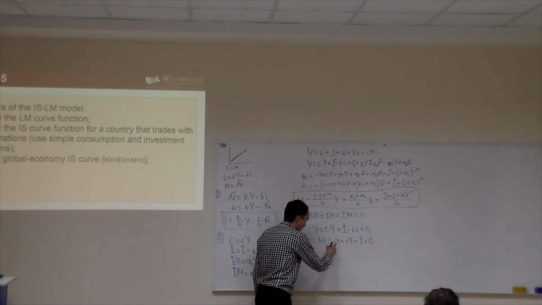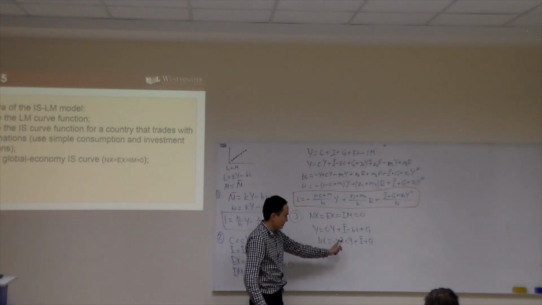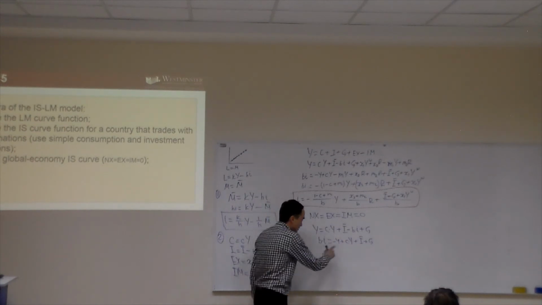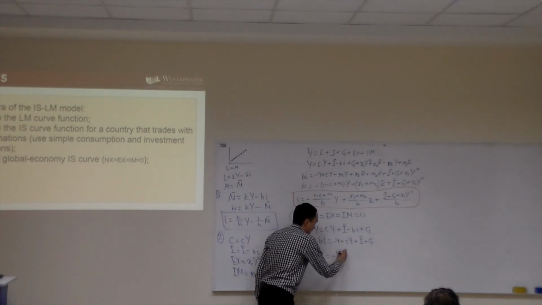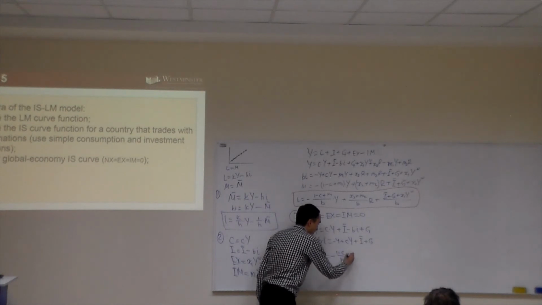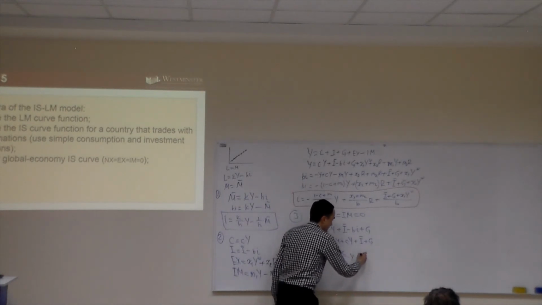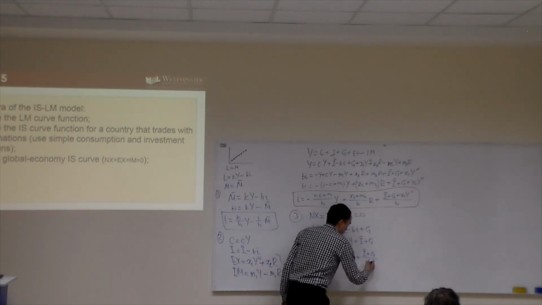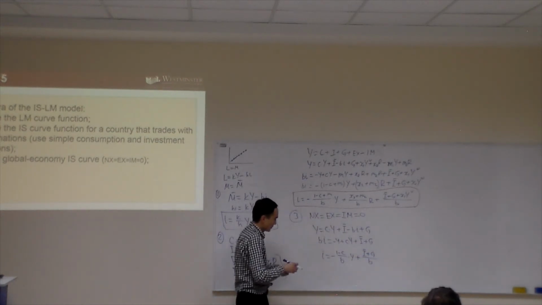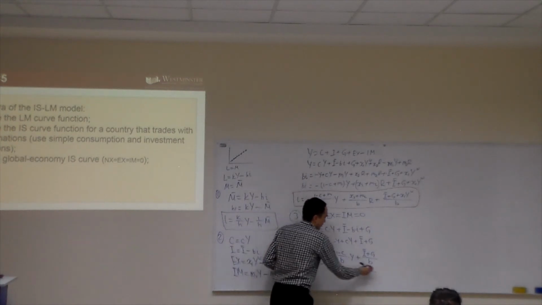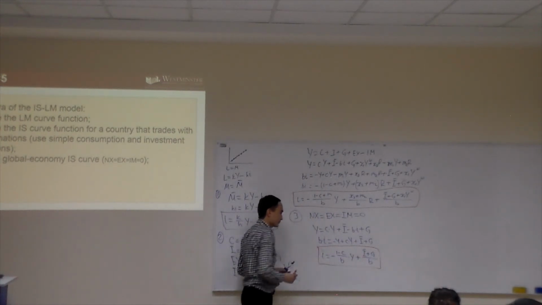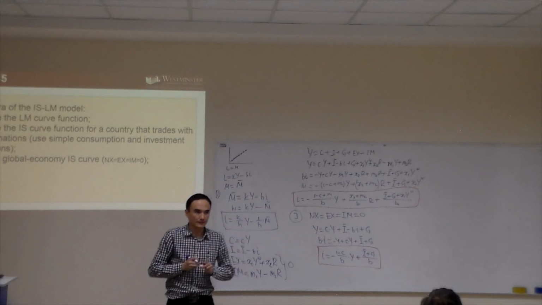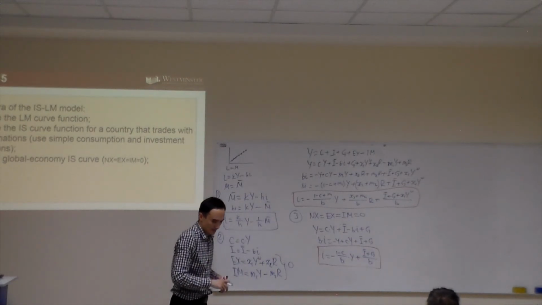If you take Y outside of the bracket, the interest rate is equal to minus 1 minus C over B times Y plus autonomous investment plus government expenditure over B. So this is the IS curve for the global economy.